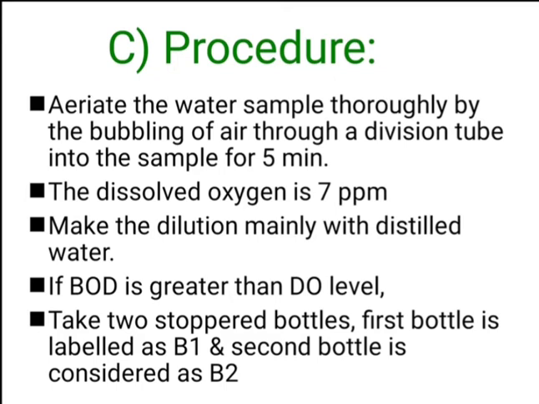Now aerate the water sample thoroughly by bubbling of air, that is the oxygen, through a diffusion tube into the sample for 5 minutes. In the stopper bottle insert the tube and bubble the oxygen for 5 minutes.